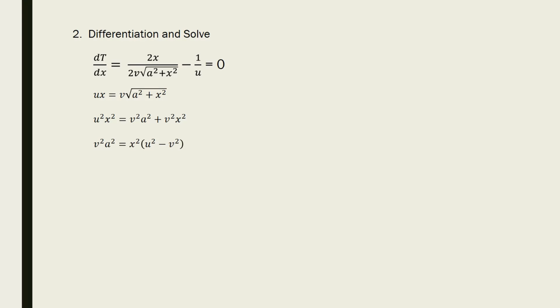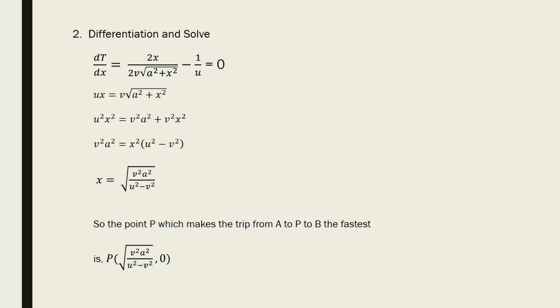And then by rearranging, we can see that v squared a squared equals x squared (u squared minus v squared). So x squared equals v squared a squared over u squared minus v squared. So finally, x equals the square root of v squared a squared over u squared minus v squared.